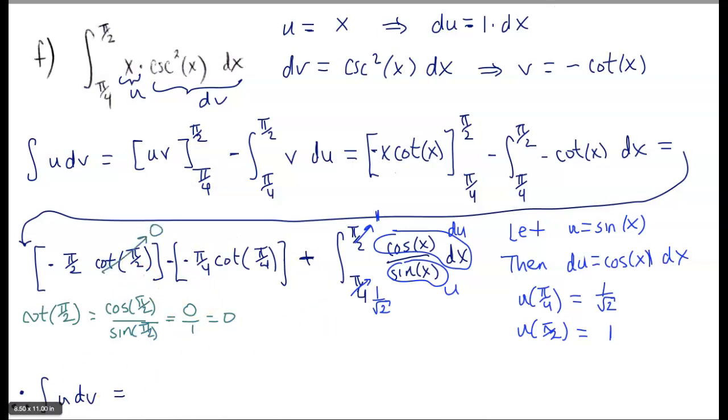Okay. If we do the same thing, cotangent of pi over 4, that's going to be 1. And that's because of the fact that cosine of pi over 4 and sine of pi over 4 equal the same exact thing.